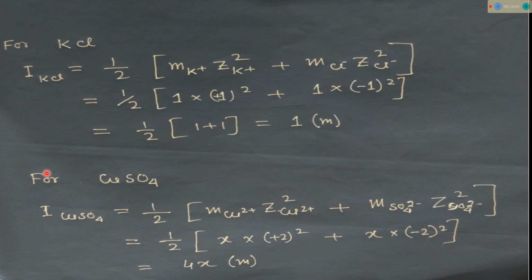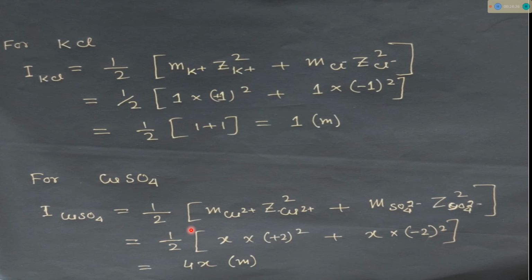Now let's try to write the same ionic strength expression for copper sulfate solution. In this case, it is half of molality of copper 2 plus times its charge square, plus molality of sulfate anion times charge of sulfate anion square.